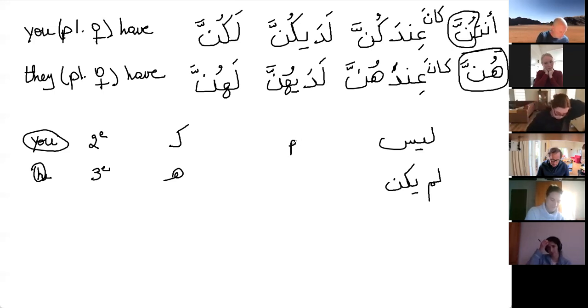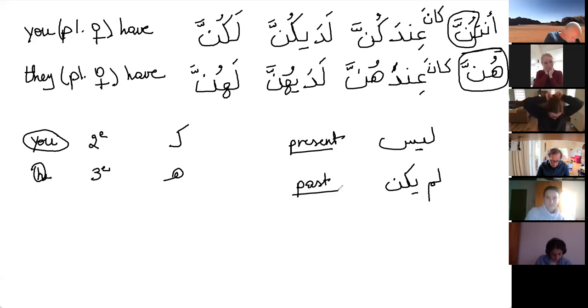So ليس is present indeed, and لم يكن is past. It's pronounced لم يكن, and you put this right before the verb: لم يكن عندكن، لم يكن لديكن. But again, you are just going to read this in text. That's it.